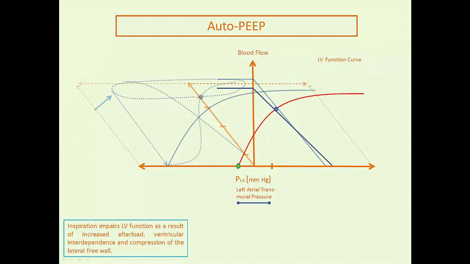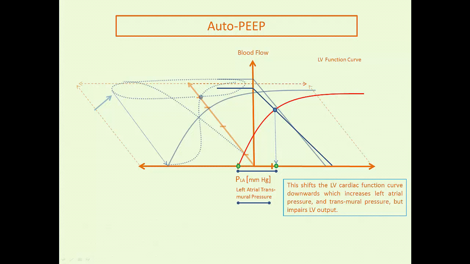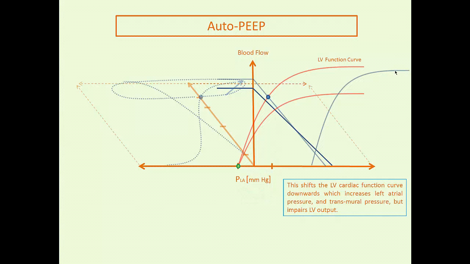So the left ventricular cardiac function curve is shifted down and to the right. And again, depending on the quote-unquote volume status of the lungs, there may or may not be an augmentation of pulmonary venous return. Then during expiration, intrathoracic pressure increases. The ghost of the right ventricular cardiac function curve shifts rightwards.